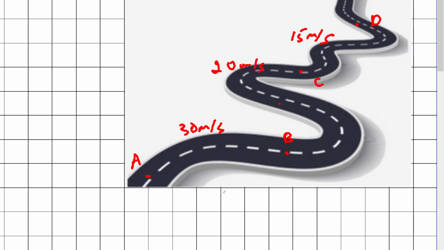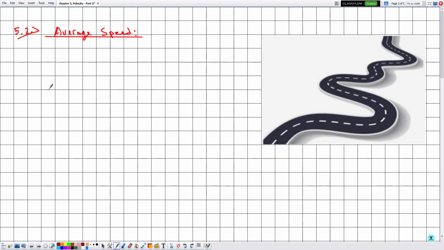So the speed is changing, and it's important to define the average speed of all of these three speeds. Let me define the average speed.